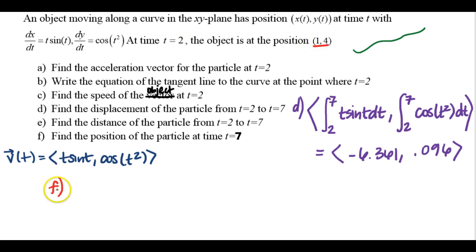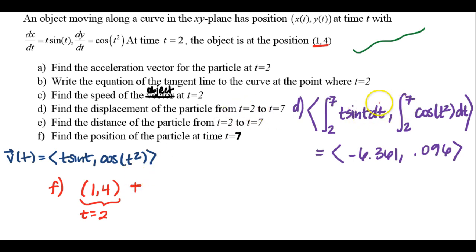So if I were to start my setup for the position of the particle at time 7, my starting location is 1, 4. This is where I was at time t equals 2. To figure out where the particle is at time 7, I need to add to this location, 1, 4, the displacement of the particle during the time interval from 2 to 7.